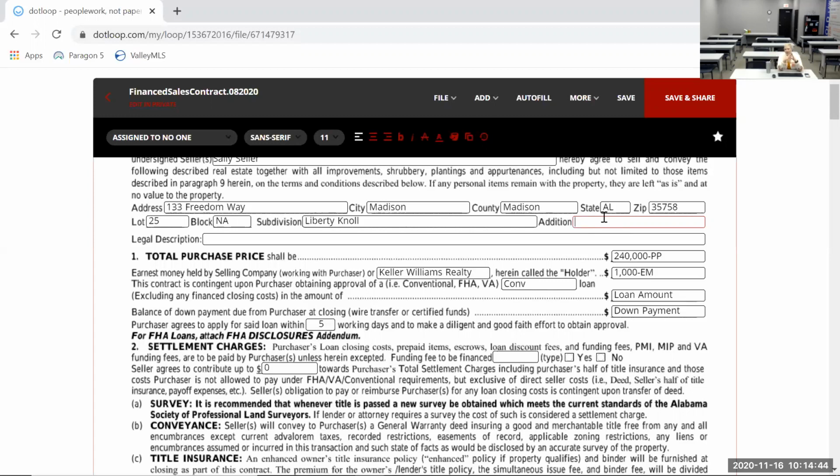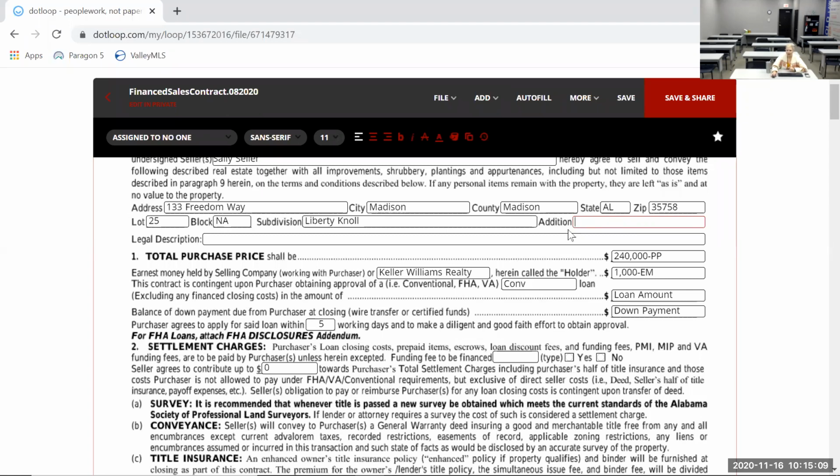It would say addition on the tax records, and it would have another subdivision. The only time we normally see it is if 2 subdivisions have merged together and you get one of those funky houses that is actually in both subdivisions. It would say addition on the tax records.